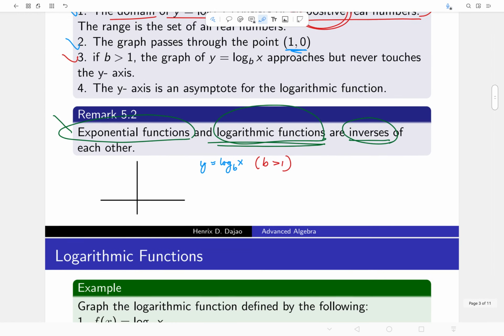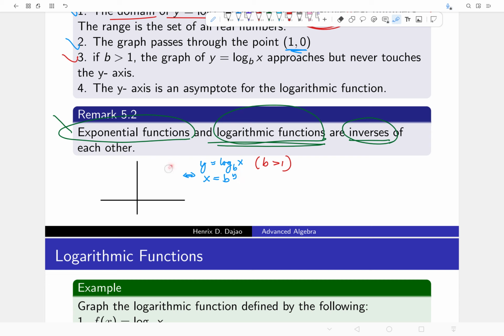So we will do that here, which means to say that this is just equivalent. x equals, no, it should be b raised to y. So what we will do here is graph this first.